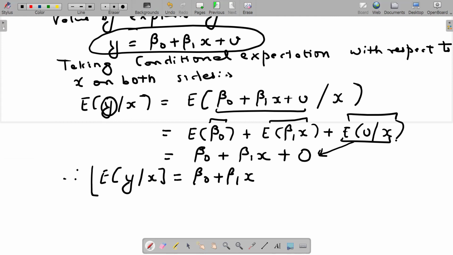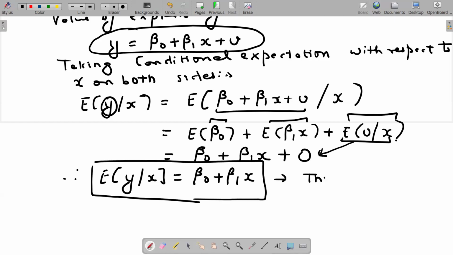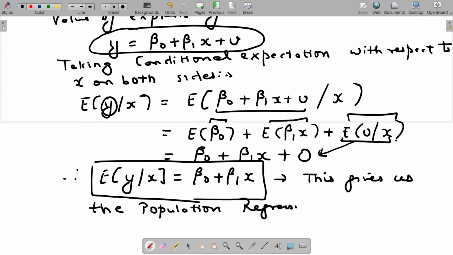This is called the population regression function as a linear function of x. This gives us the population regression function, the expected value of y conditional on x as a linear function of x.